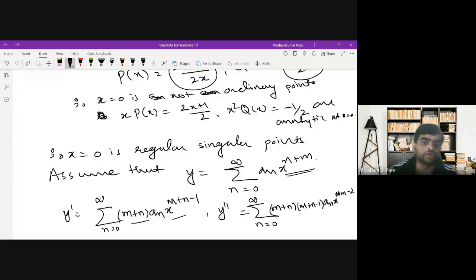Substituting this value of y dash and y double dash into the given differential equation. Let us write down what is the given differential equation.